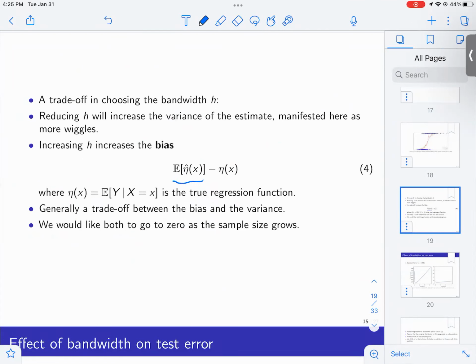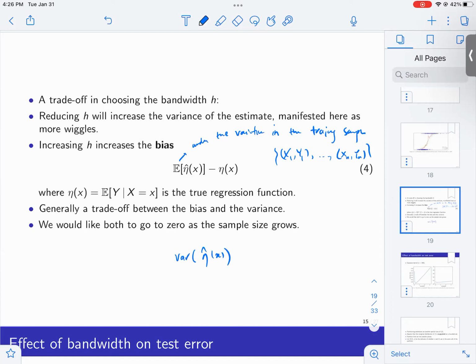And this expectation you have to take under the population, so under the variation in the training sample, x1 up to xn. Every time I repeat the experiment, I'm going to get x1, y1 up to xn, yn. So that would be the bias at that point. And the variance would be just the variance of eta hat at x. At each point, we'll have a variance, right?